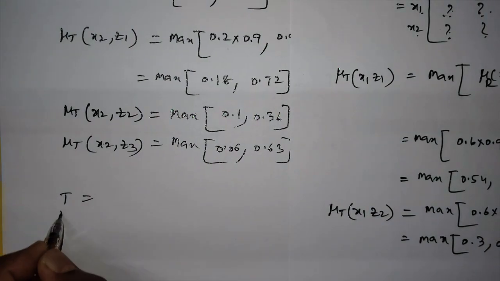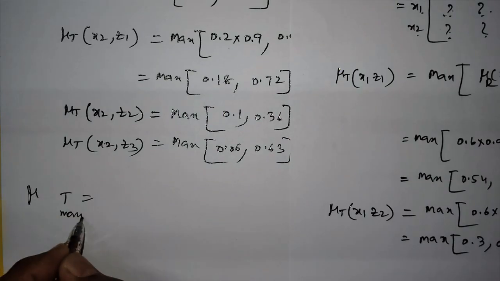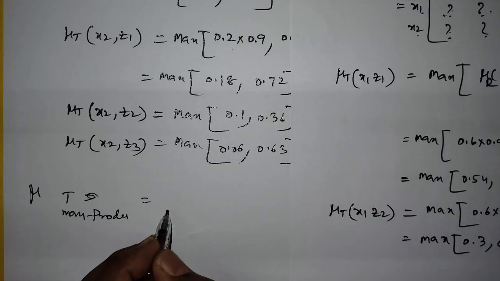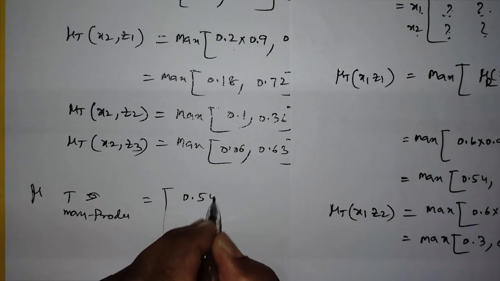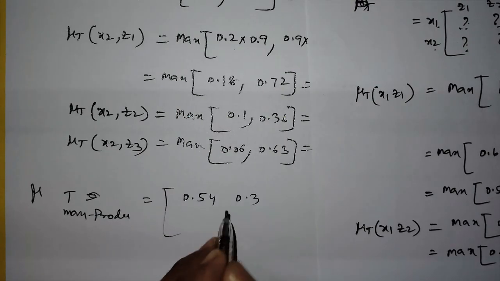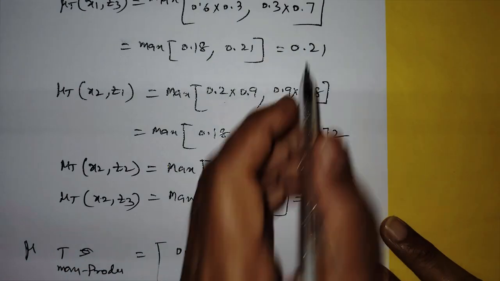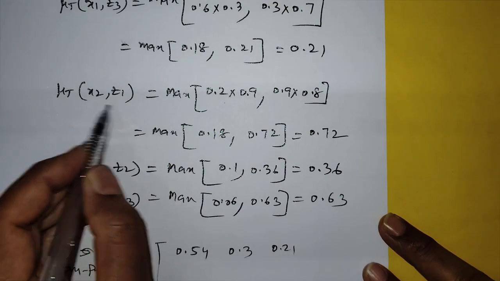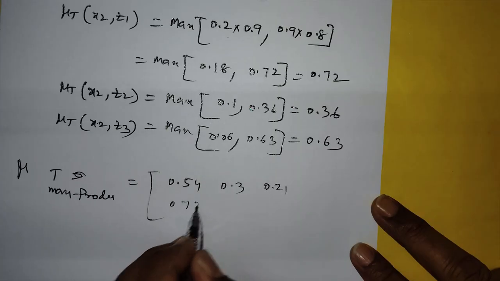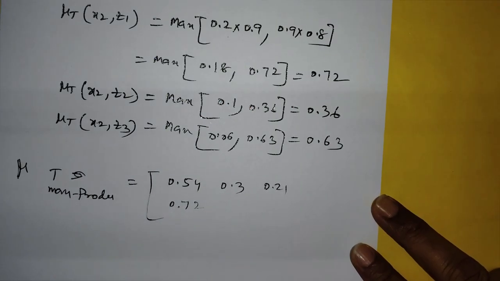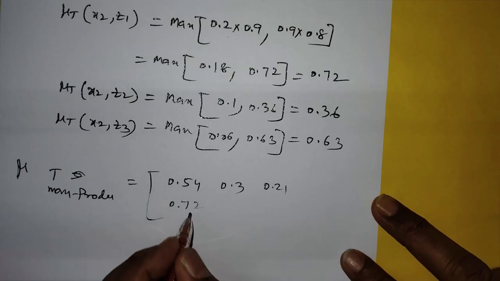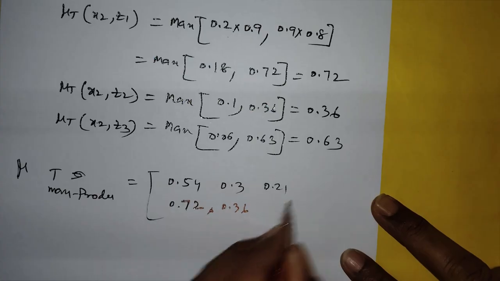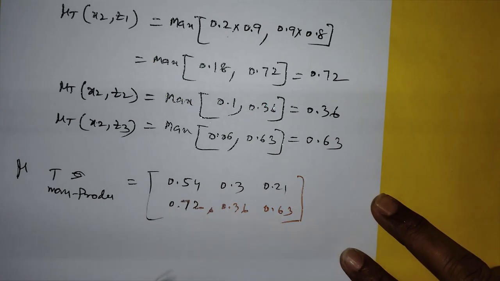The final max product relation mu t is: x1 z1 is 0.54, x1 z2 is 0.3, x1 z3 is 0.21, x2 z1 is 0.72, x2 z2 is 0.36 and finally x2 z3 is 0.63.